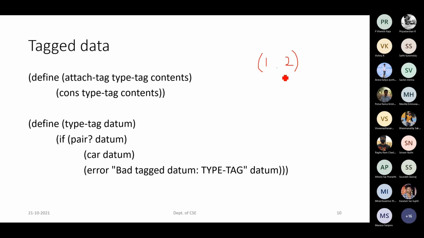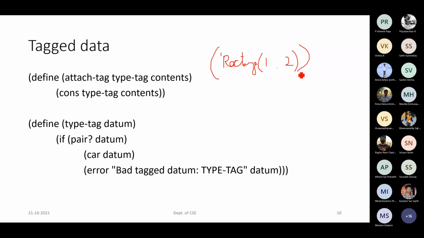When you construct cons of 1, 2, this is how it will be. To represent that this is of rectangular form, we can give a tag to it, by putting the string saying it is rectangle in front of this number. That is what tagged data means.